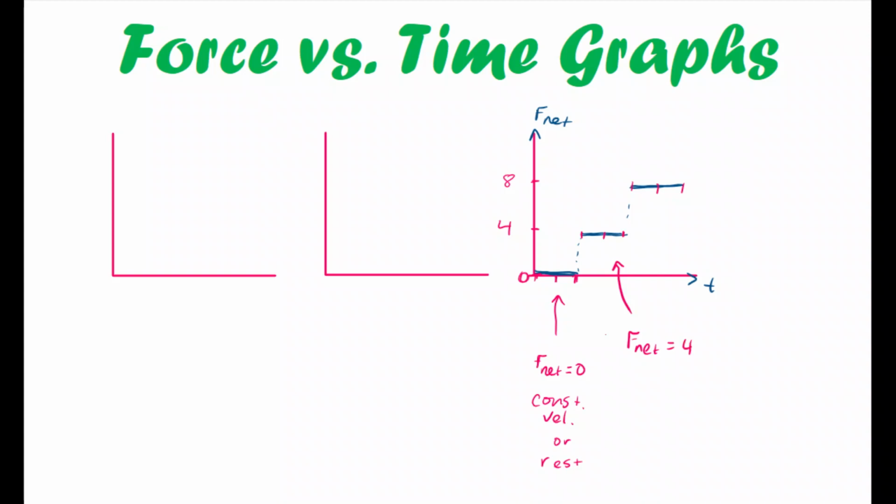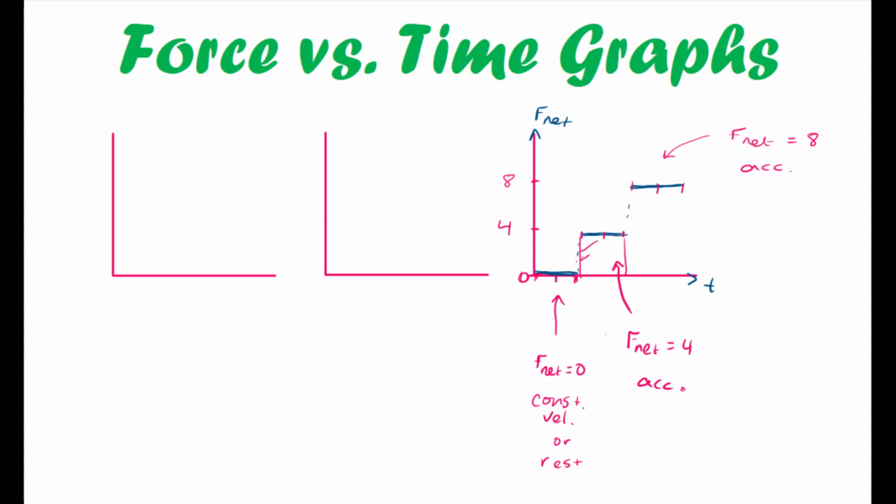For this next segment here, if it has a net force of 4, that means that the object is accelerating, right? And if we knew the mass, we could solve for what its acceleration was. For this segment over here, the net force is equal to 8. So now it would be accelerating even more because it has even more of a push on it.